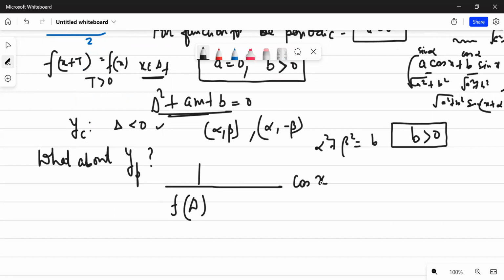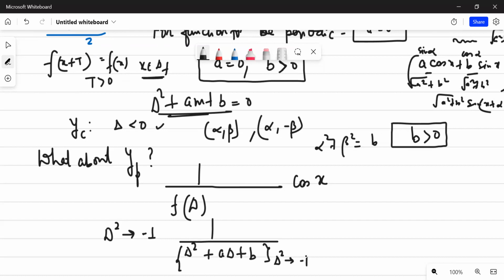The particular integral is just writing, instead of D squared, minus 1. So in D squared plus aD plus b, instead of D squared, I have to replace it with minus 1. Is that clear or not? Please let me know.